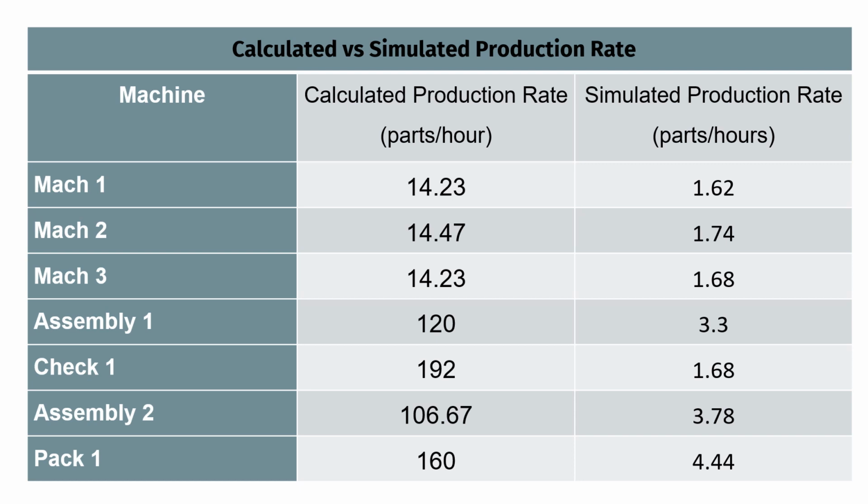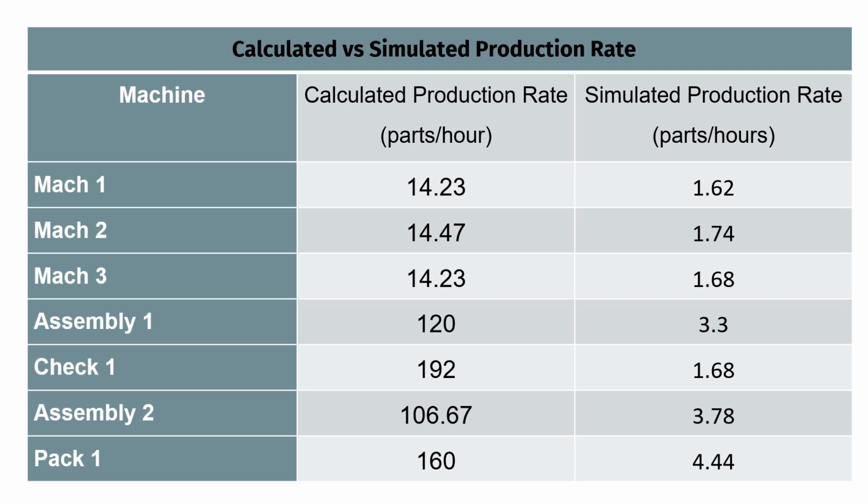For calculated production rate, machine 3 is 14.23 parts per hour, and for simulated 1.68 parts per hour. For assembly 1, 120 parts per hour, for simulated 3.3 parts per hour.